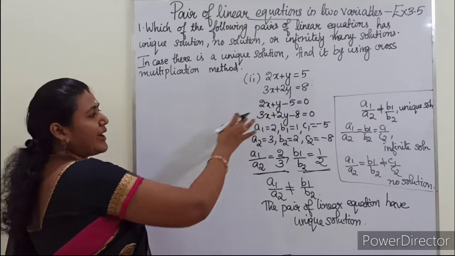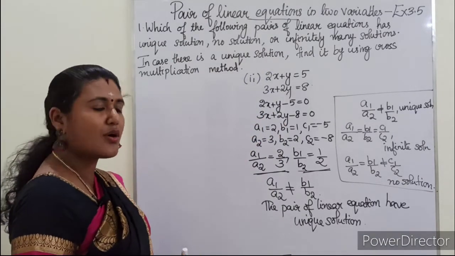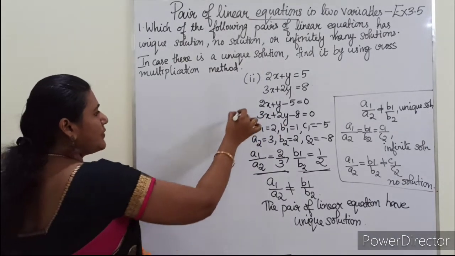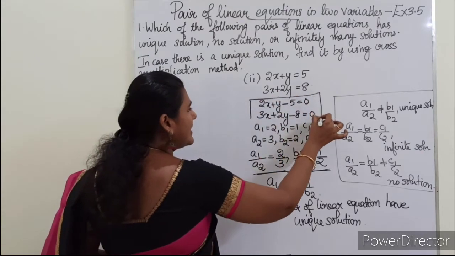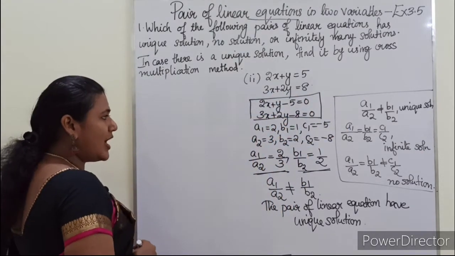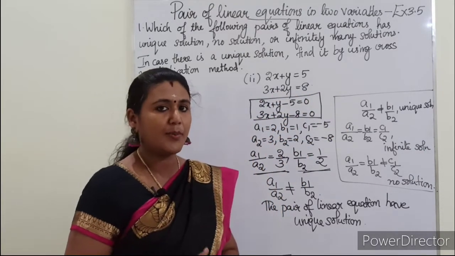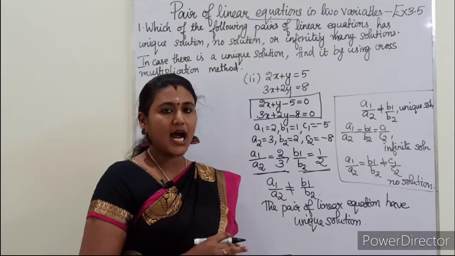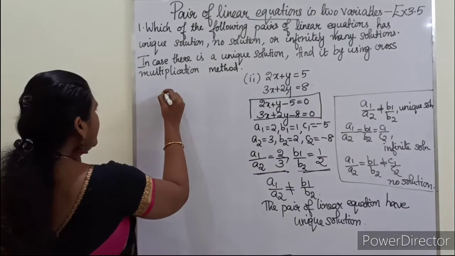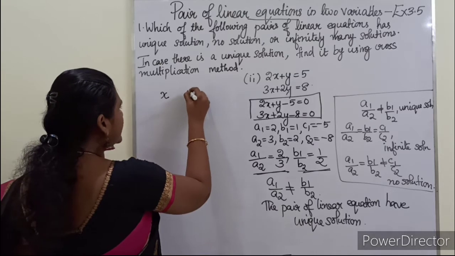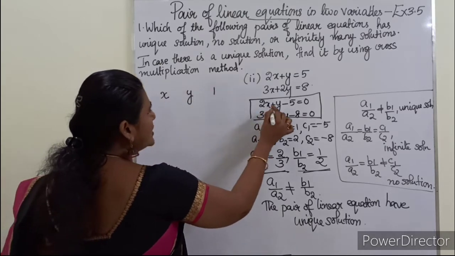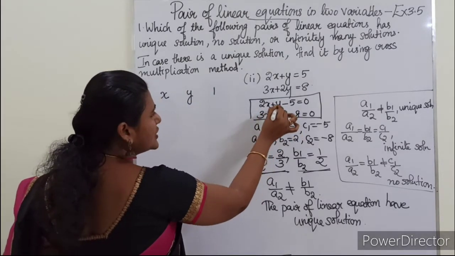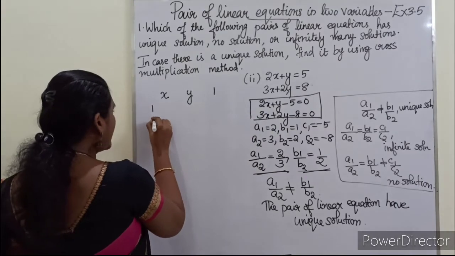Now we are going to find the solution using the cross multiplication method. So we will consider the equations in standard form. I have already explained, you need not learn the formula by heart. We will start with the diagram. First we will write the variables x, y, 1, and first you have to start with the coefficients of y, that is 1, 2.